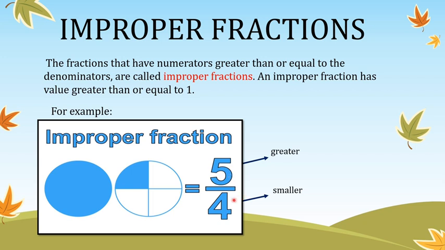So in this case the fraction becomes an improper fraction. Proper is when the upper number is small, lower is big. Improper is when the upper is big and the lower number is small.